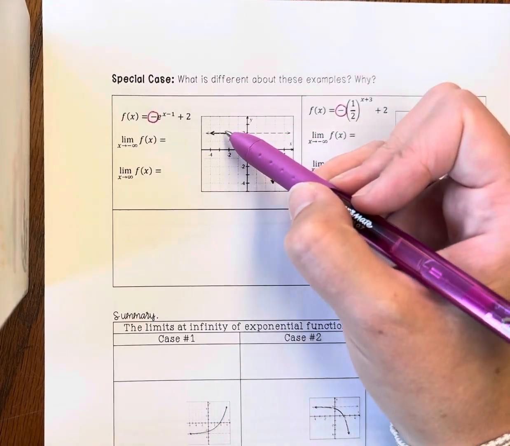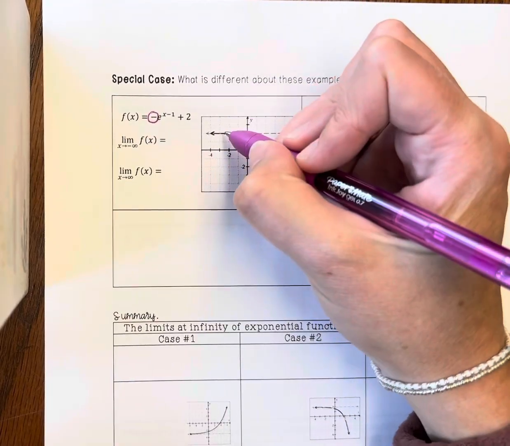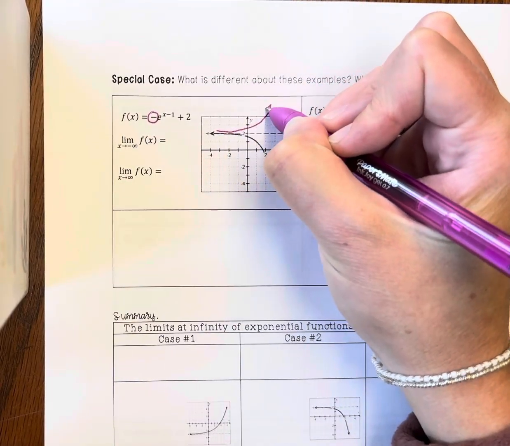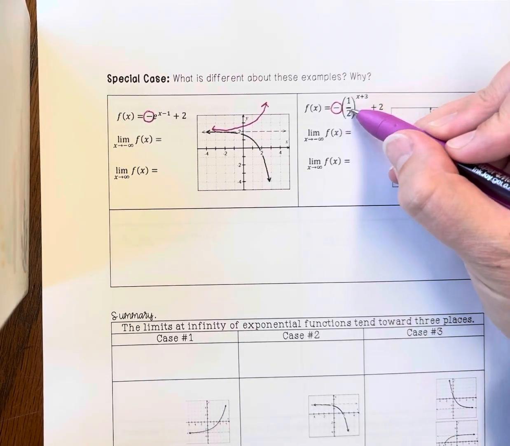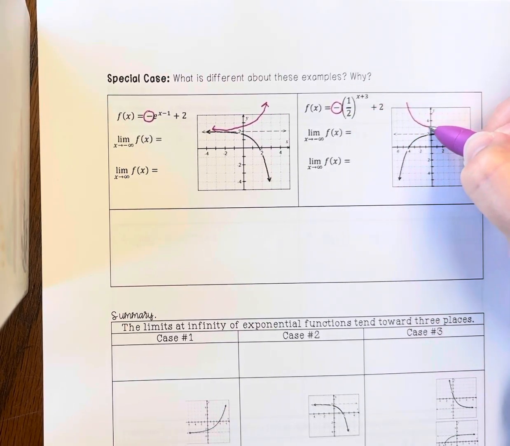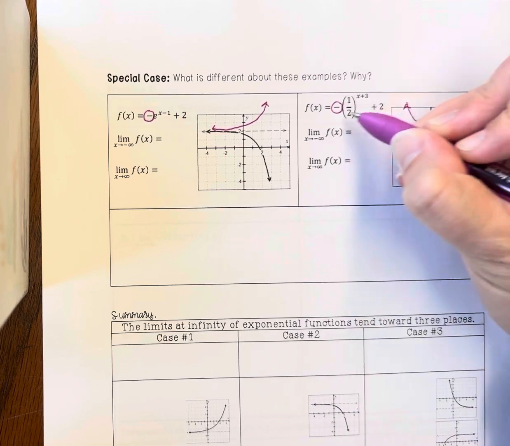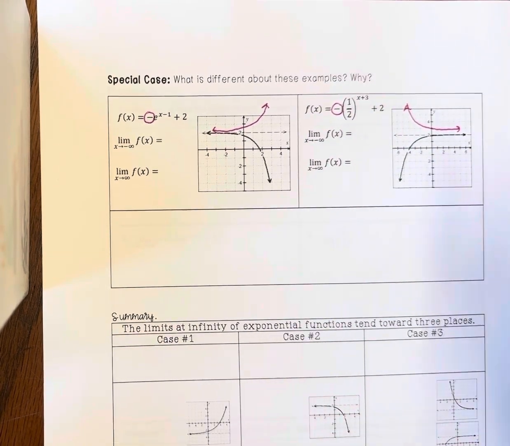But instead of being a growth graph, which is what you would think, the negative makes it be reflected. This would have been a decay graph, like this, but the negative means it's reflected.